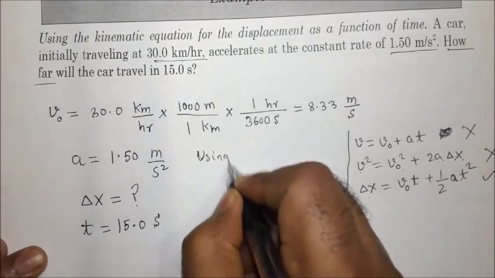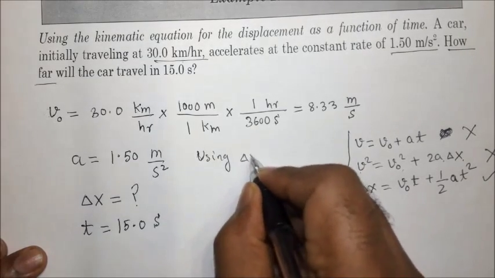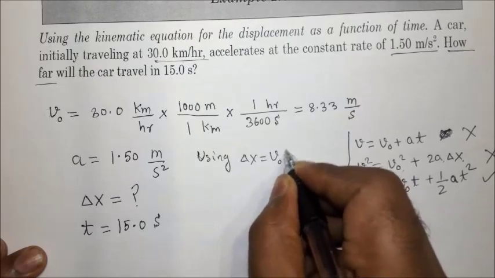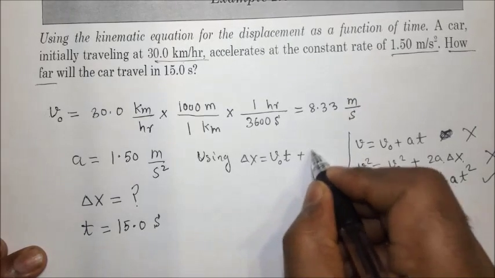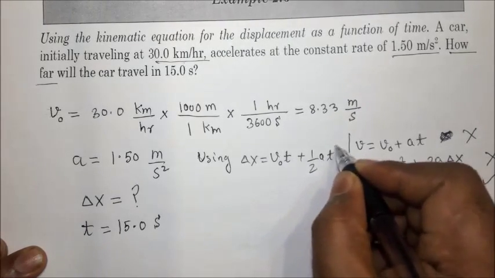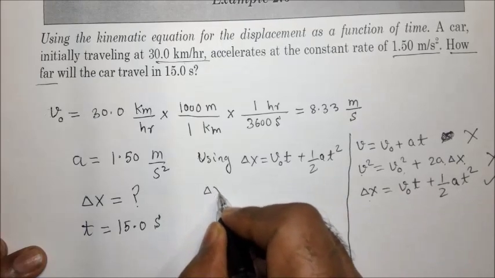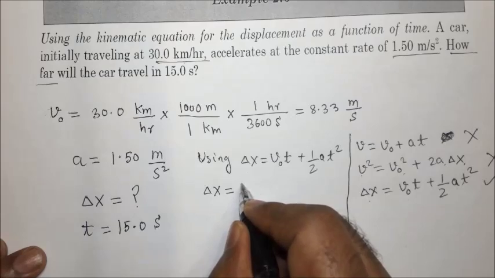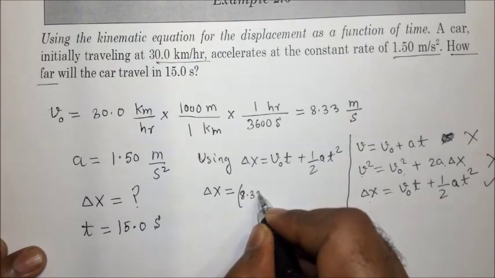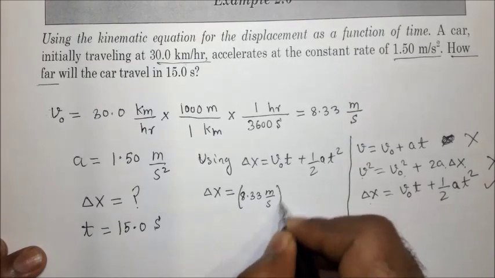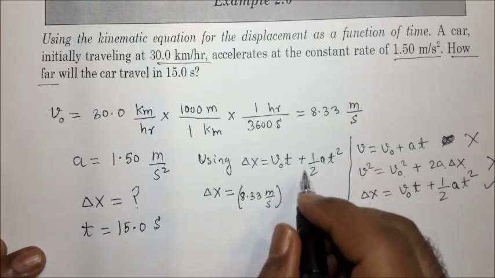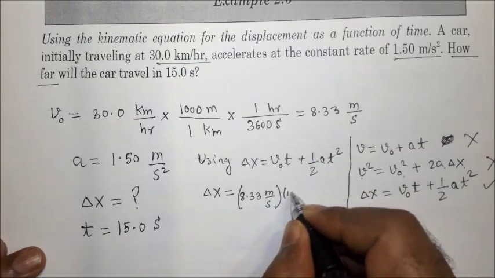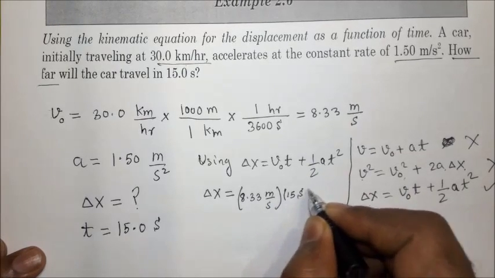Using delta x is equal to V initial t plus 1/2 at square, delta x is equal to 8.33 meter per second times 15 second.